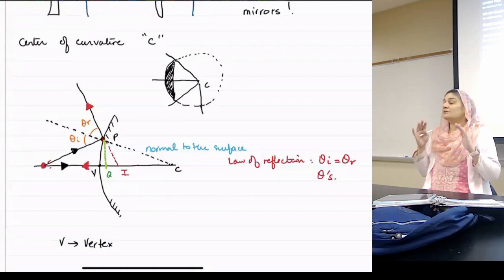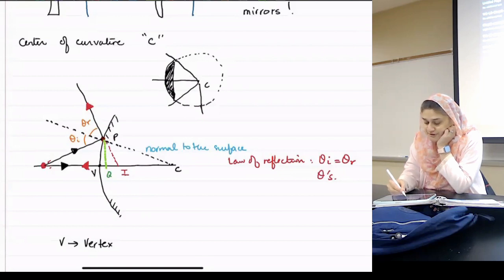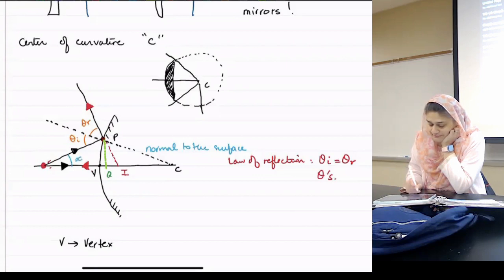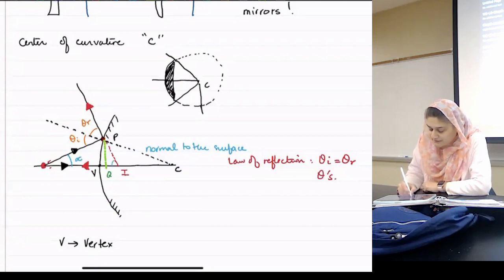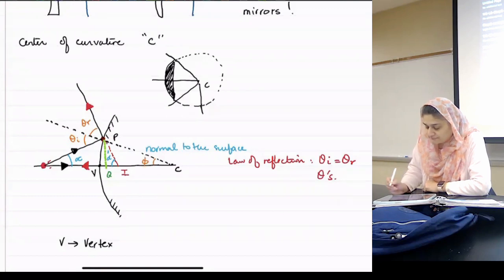I'm going to start naming angles. The first one, blue, I'm going to call alpha. This angle, I'm going to call alpha prime. And that angle, I'm going to call phi.